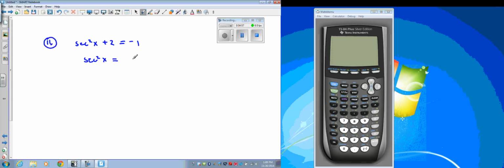This is going to be a minus 3. And then this thing you could just take the square root on this side, plus or minus the square root on this side. Secant equals plus or minus the square root of 3i. No solution, right? It's a complex number.